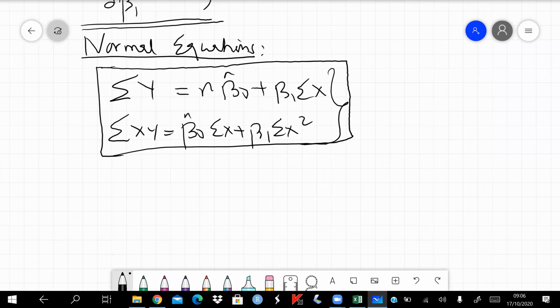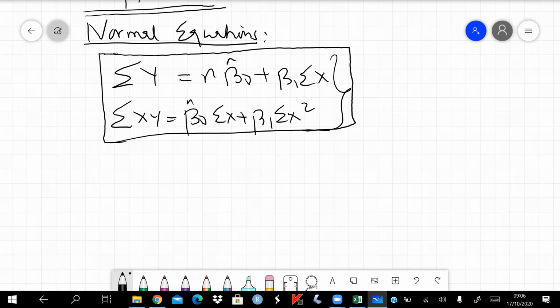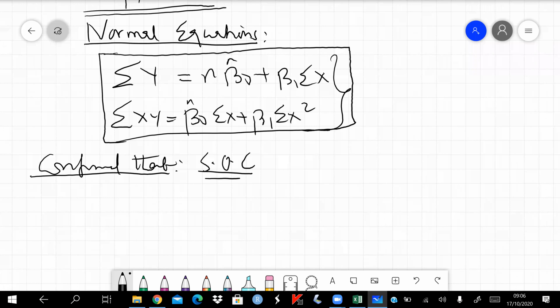Then we confirmed that if you perform a second derivative, that is using the second order conditions, the second partial derivative of S with respect to beta naught was a positive number. We saw that you will get a positive value.